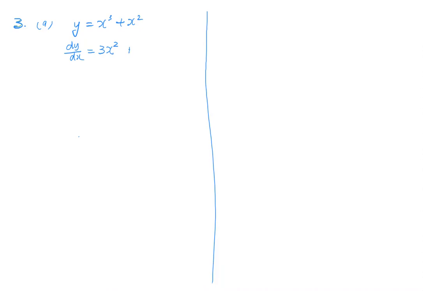Plus, bring down the power, power take away 1. So that is the first step you have to do, because they want to test you on antiderivative. So second step, you have to write, if I integrate this, my answer will be x cubed plus x squared.